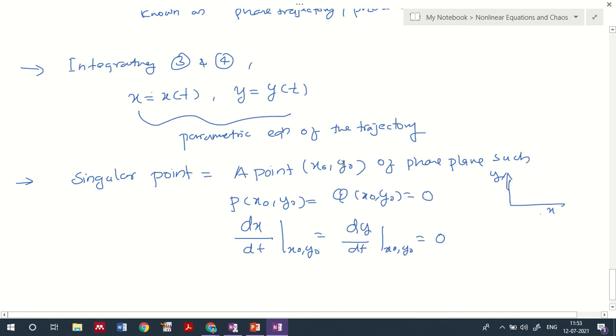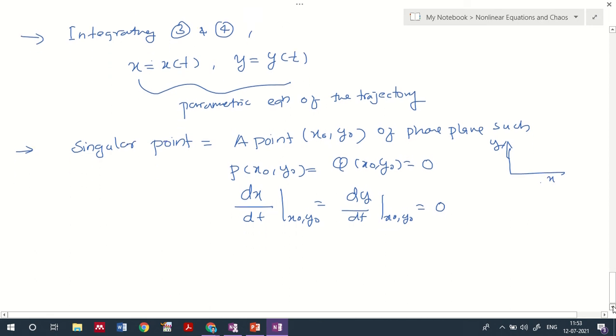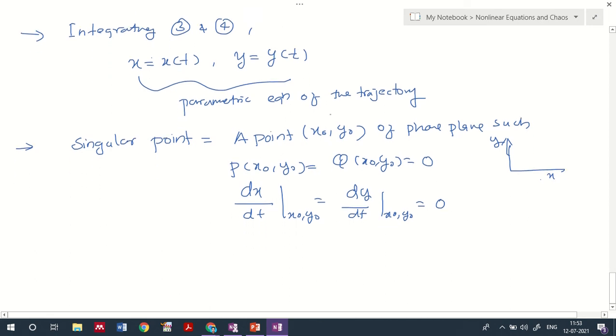Then we can say that there is a singular point. So that point we call a singular point. Let me mark an example here: this is x0 and y0, and at this point if P of x0 y0 equals Q of x0 y0 equals 0, then this point is the singular point corresponding to that phase plane. And similarly we have another discussion, which is about the ordinary point.